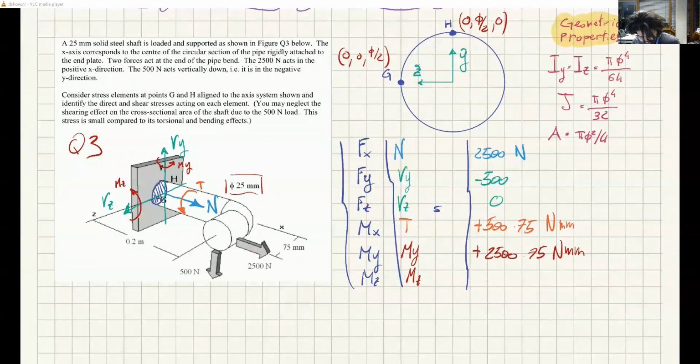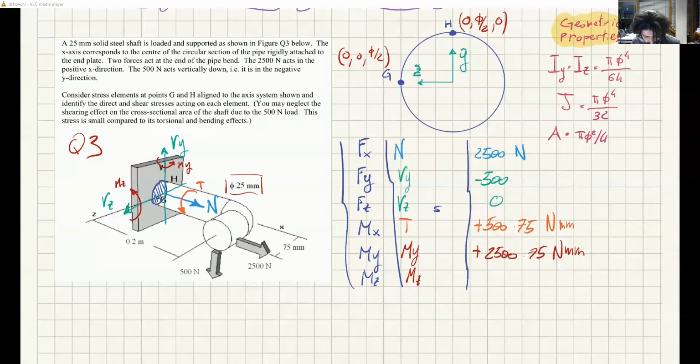Finally, the last one is Mz. This is the positive moment around z using your right hand rule. This force is perpendicular to the z-axis, but it's also passing through the z-axis. So it would cause bending up and down if it was applied at a distance, but the distance in this case is 0.